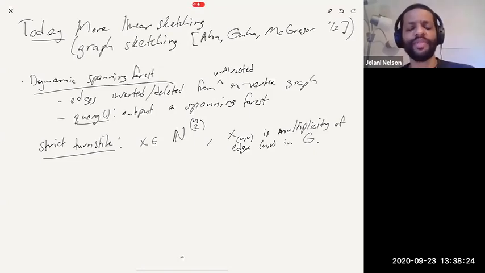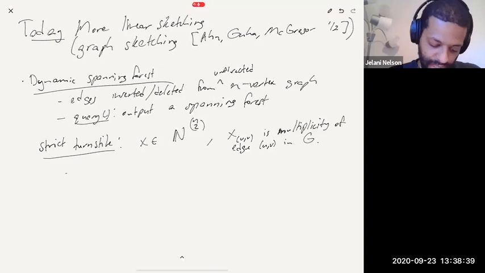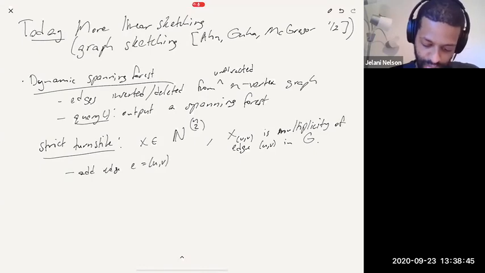So I think I might have mentioned this last lecture when I introduced linear sketching in the turnstile model. I gave this as an example. Graph streaming is an example where the strict turnstile model makes sense. So if someone says, add edge e, that's the same thing as saying update uv plus 1.